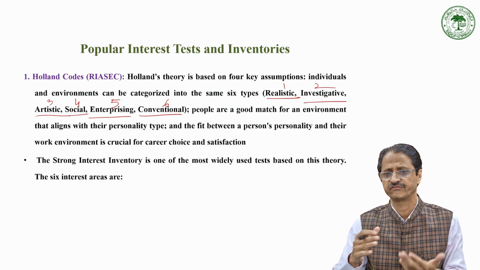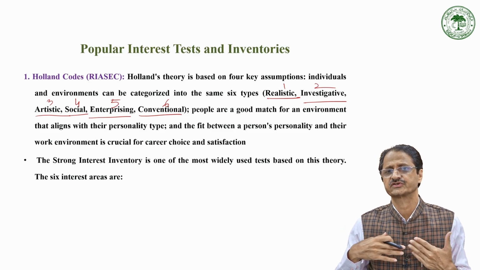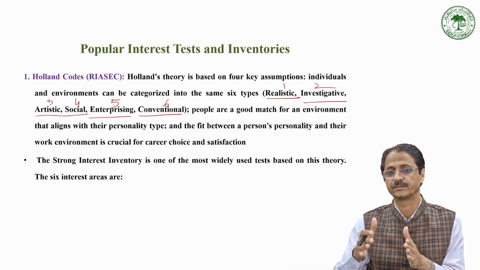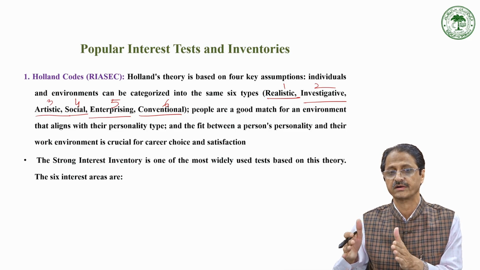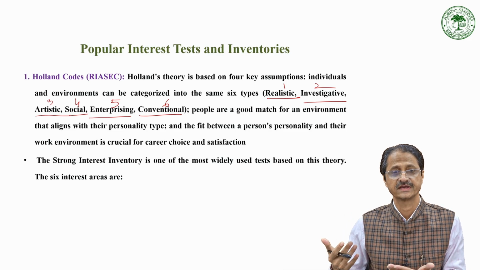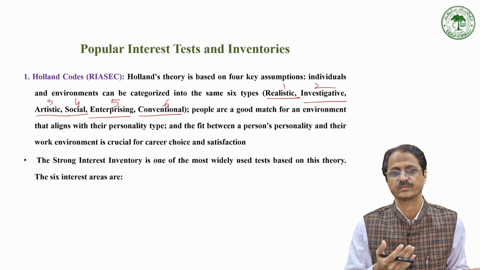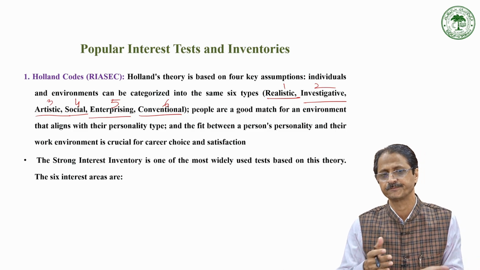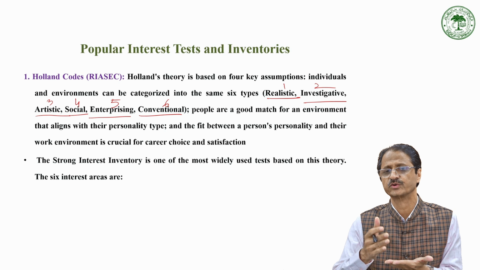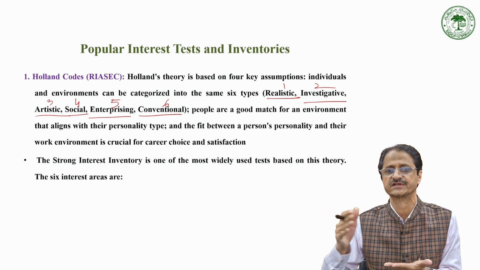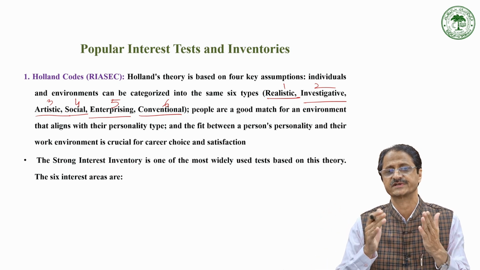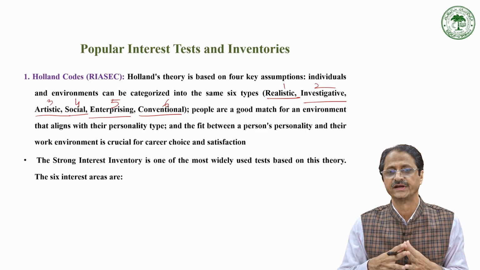For example, if I am a realistic person, then I should be allowed to work in a realistic environment. If someone has an investigative personality, then he or she should be allowed to work in an investigative environment. That is basically the idea of Holland's theory.